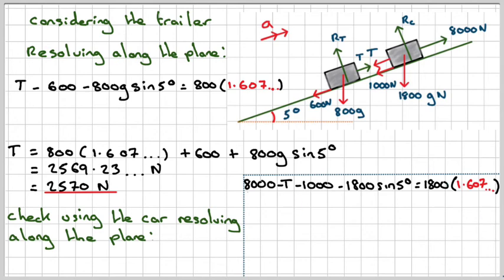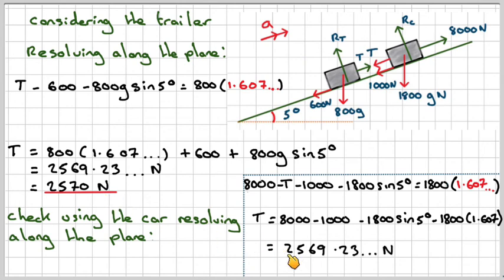Making T the subject, the easiest thing to do is take this over to the other side, and then everything has the same sign. Again, if you work that out, it will give you the same value as you got here. If you don't get the same value, you've made a mistake. So the final answer will be 2,570 newtons.